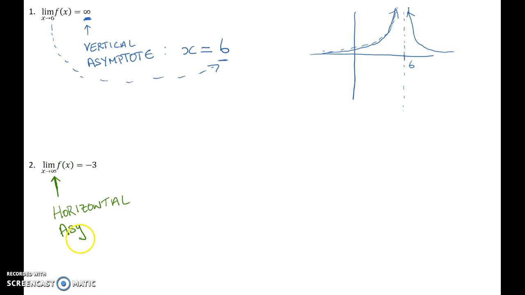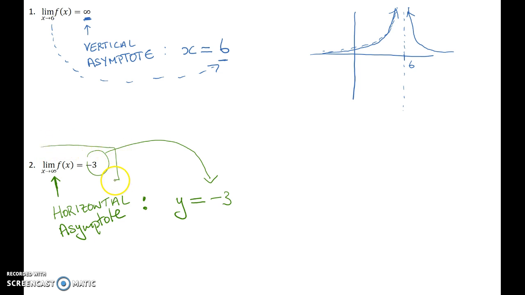But when the infinity symbol appears as part of the limit statement, so it's under the word limit, x is approaching infinity or negative infinity, then we've got a horizontal asymptote. The equation of a horizontal line is always y equals something. And the something in this case is simply whatever is there, so negative 3. So we have y equals negative 3, and that is going to be the equation of the horizontal asymptote.